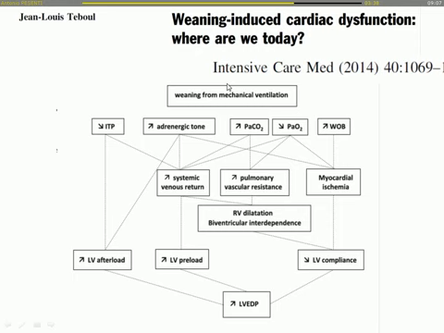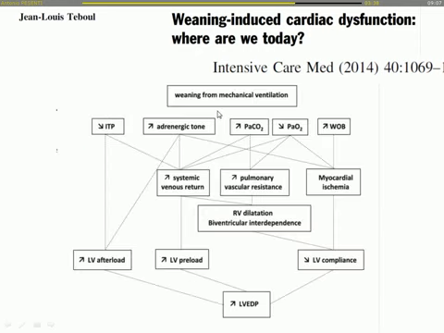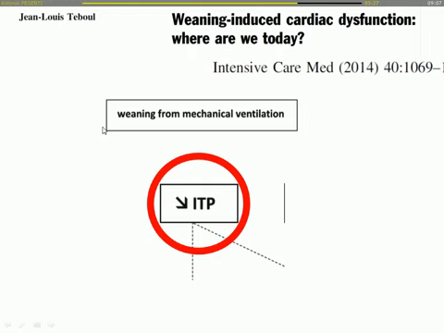But what I want to talk to you about today is this, let me go back, is this little thing in the corner, intrathoracic pressure, that in my view is the most important thing here, beside cardiac function, because some people have a bad heart to start with.